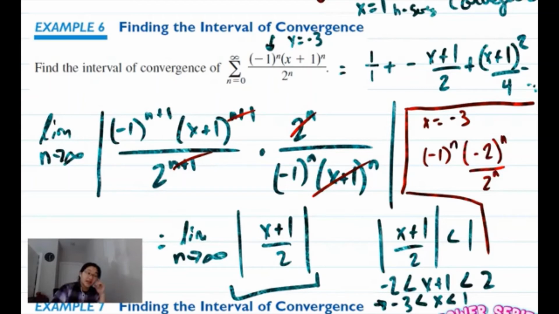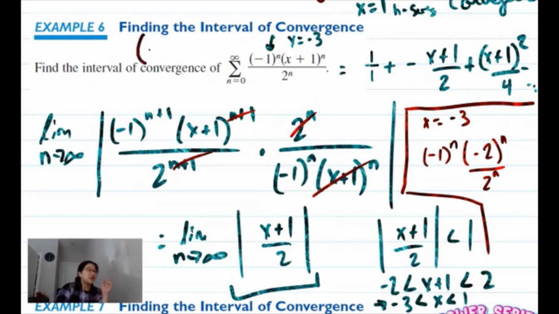And what is that going to end us up with? We only have positive values, positive 1, and this does not converge. When we have our geometric series, we have divergence when our ratio is 1 or more. So we do not include negative 3.